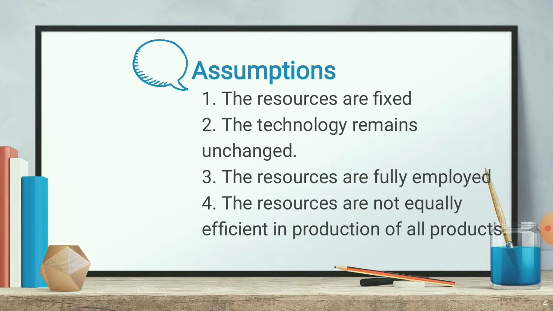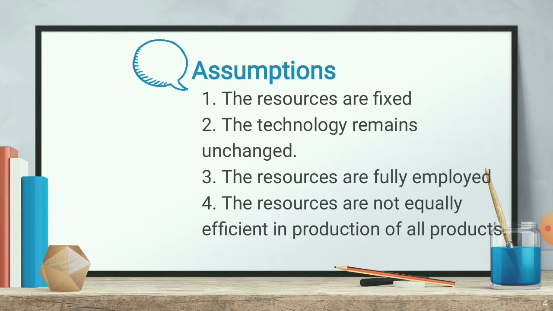Whatever resource we have been given, whether capital resource or any technology, should be fully employed. It should not be partially employed or wasted. I think these three are very easy to learn: resources fixed, technology constant, and resources fully employed.